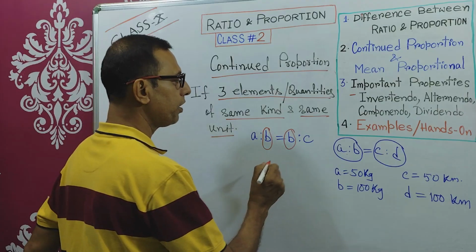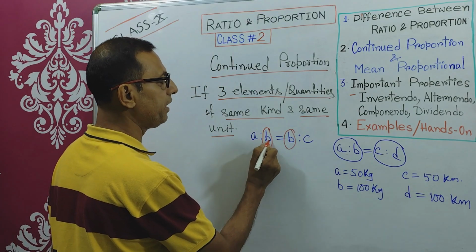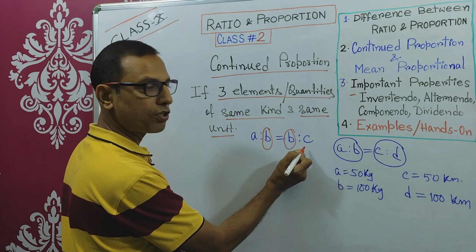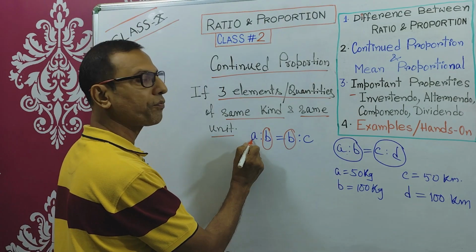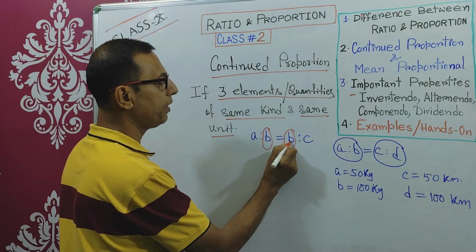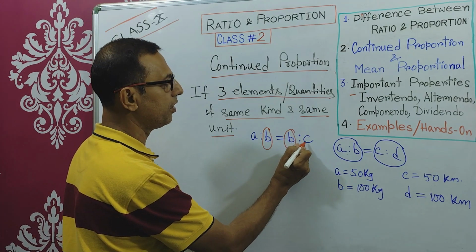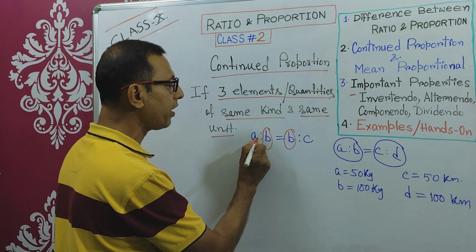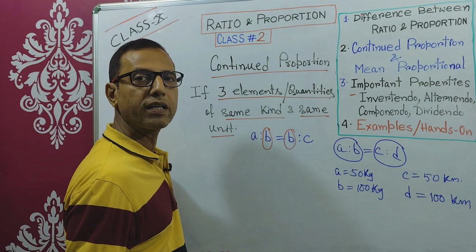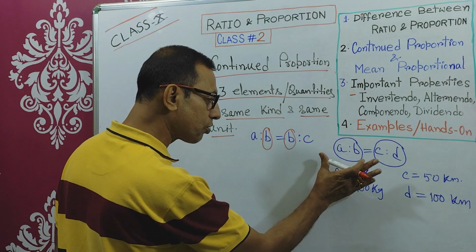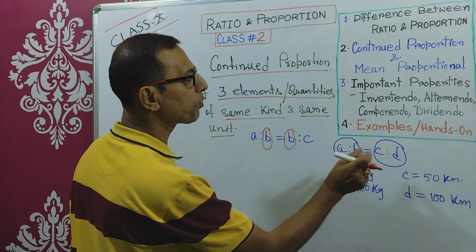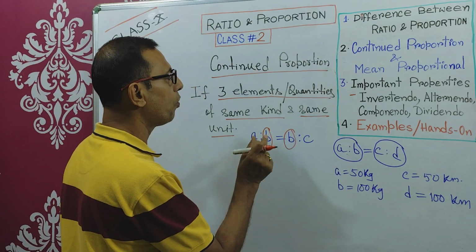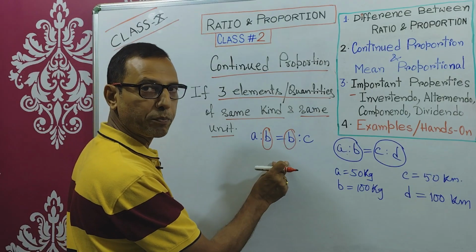If B is common to both ratios, then B will have the same kind and unit as A, and also the same kind and unit as C. That means A, B, C are all of the same kind and same unit, which is not true for a normal proportional relationship. It is true only for continued proportion.